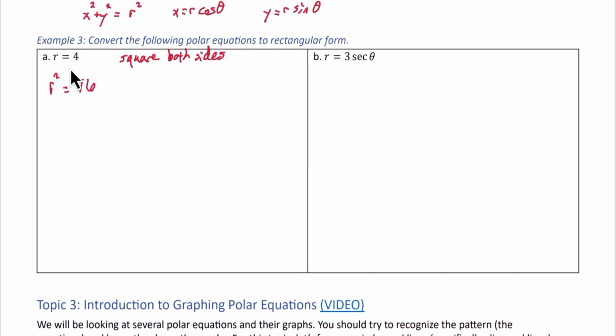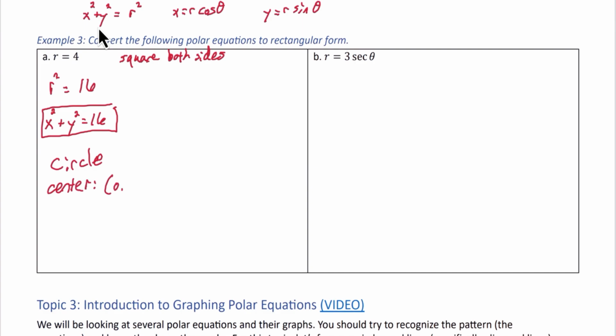We can then replace r squared with x squared plus y squared. X squared plus y squared is equal to 16. We now have the rectangular equation. Hopefully we recognize that this is a circle centered at the origin, 0, 0.